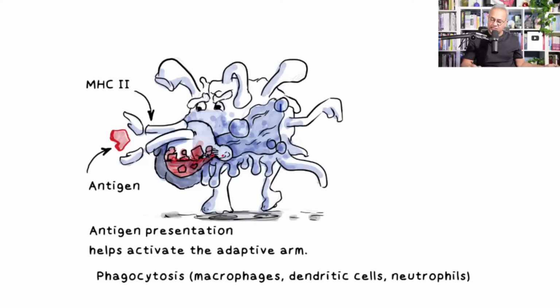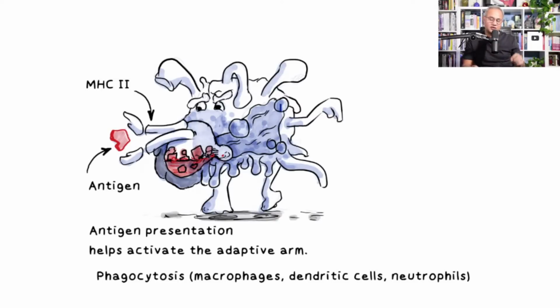So, when this microbe is broken down into smaller pieces, these pieces are loaded onto a protein called MHC2, Major Histocompatibility Complex class 2. I have skipped the whole process of the fragment loading on the MHC2 and then getting out on the surface; we would do that separately.